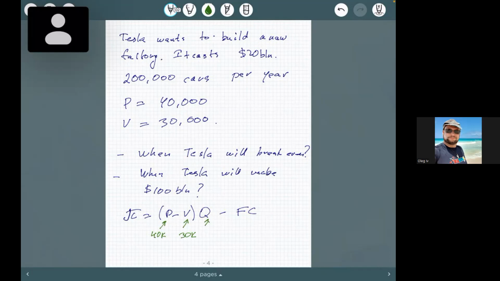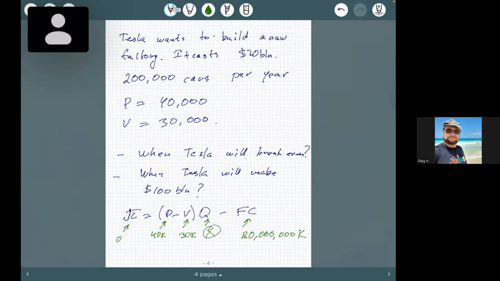Okay, for break even, we know profit is zero. So this is gonna be zero. This is what we need to find, so this is our X basically. And this is 20, so it's 20 billion. But as I use thousands, it's 20 million K. It's not the best representation, but it's mathematically easy to solve.